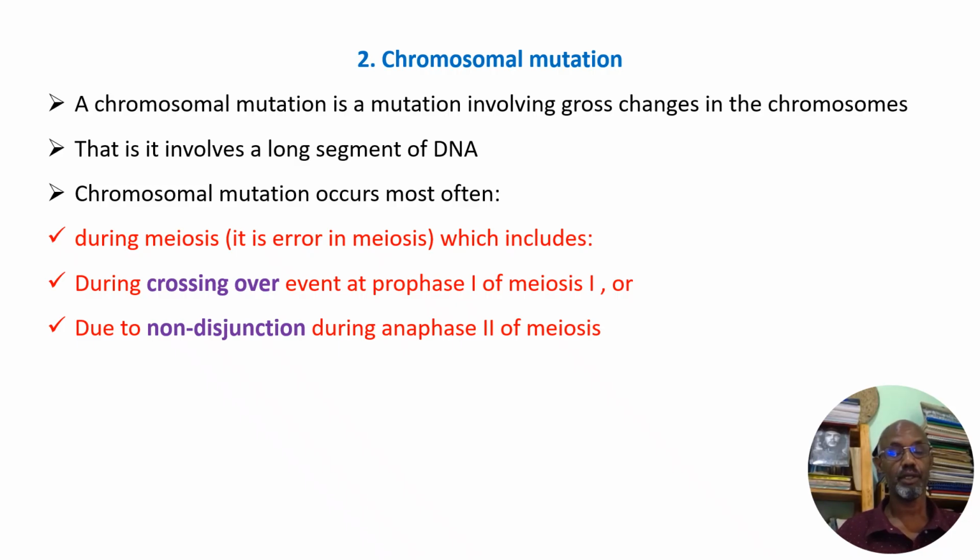Be careful: during anaphase 1, homologous pairs of chromosomes fail to separate, whereas during anaphase 2 of meiosis 2, sister chromatids fail to separate, so that there is a chromosome number difference, either plus 1, plus 2, minus 1, or minus 2.